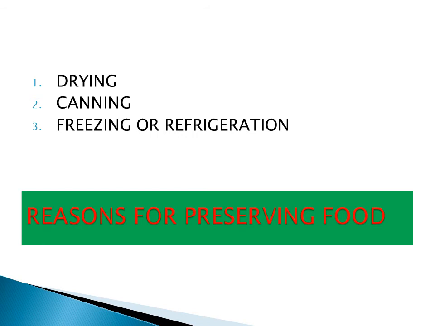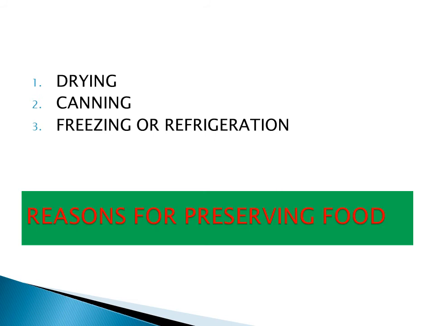Pupils, we move lastly to proper storage of foods. During the harvesting season, foods from plants are in plenty and they cannot be consumed all at once. So, most of them are perishable.